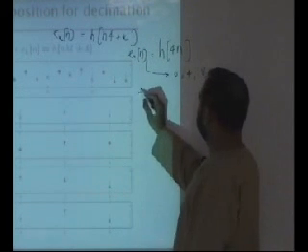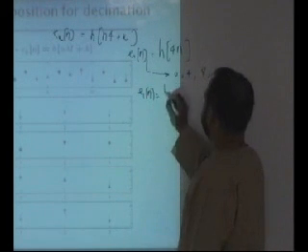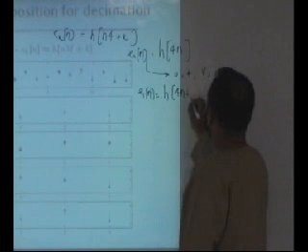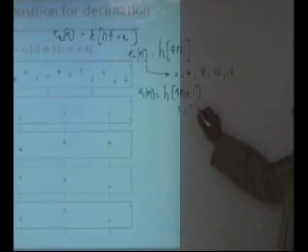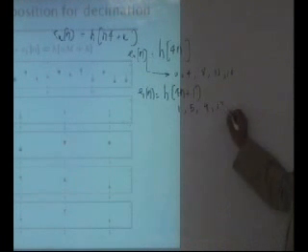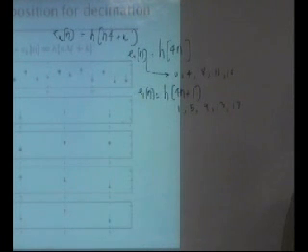Similarly, E1 of n will get h of 4n plus 1, so it will get the 1st sample, the 5th sample, the 9th sample, the 13th sample, the 17th sample.